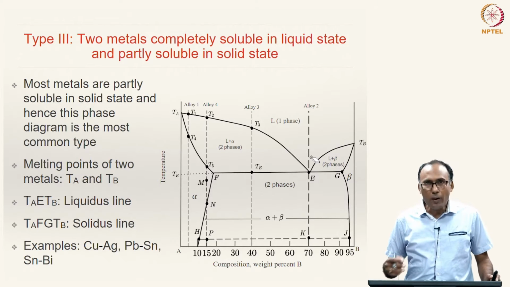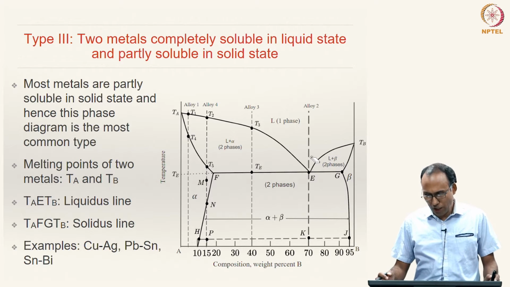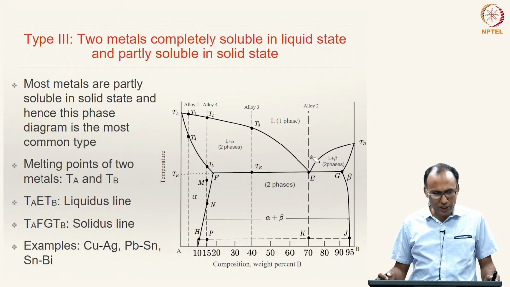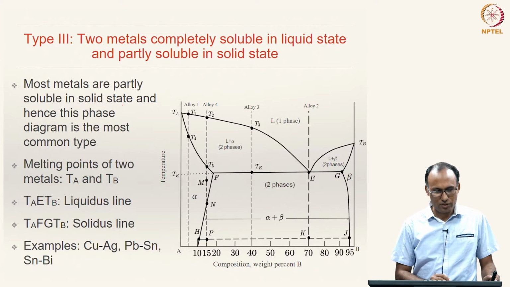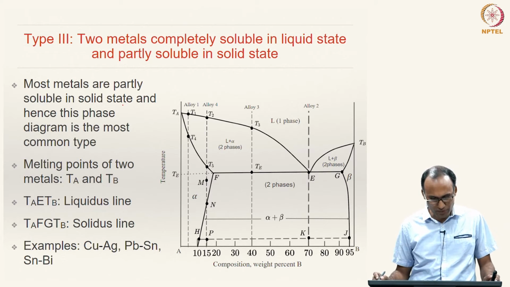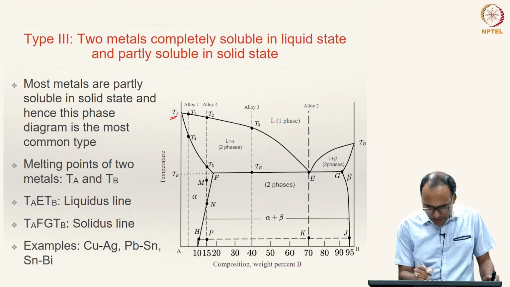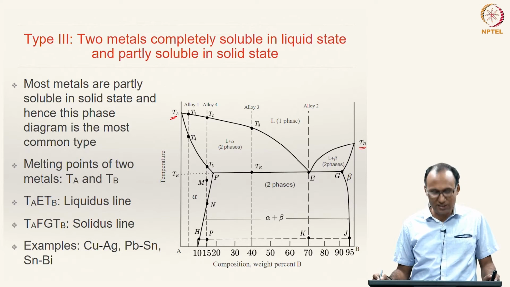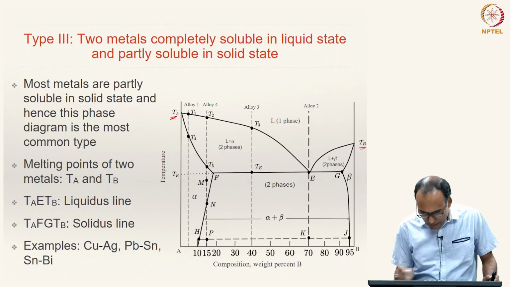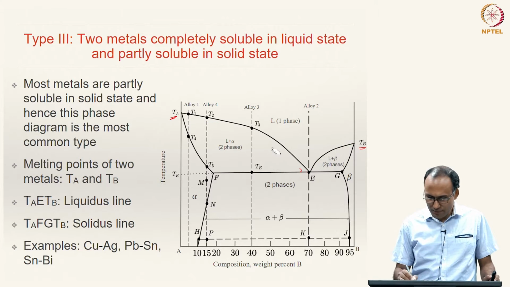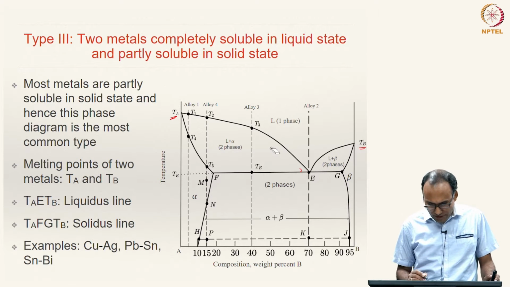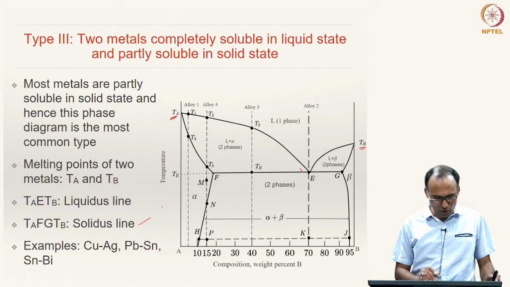And this is an important alloy system to look at, because most metals are actually partly soluble in solid state. So, this is the most common type of phase diagram, and you can clearly see here Ta and Tb are the melting points of metals A and B. That is our liquidus line TaETb, and TaFGTb is our solidus line.